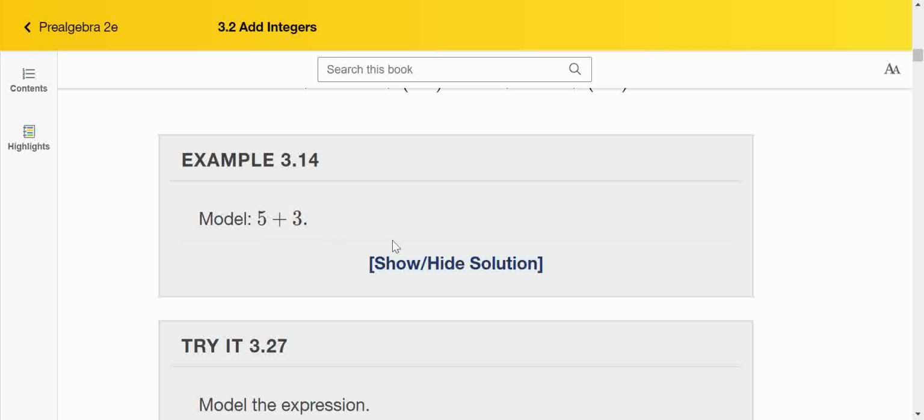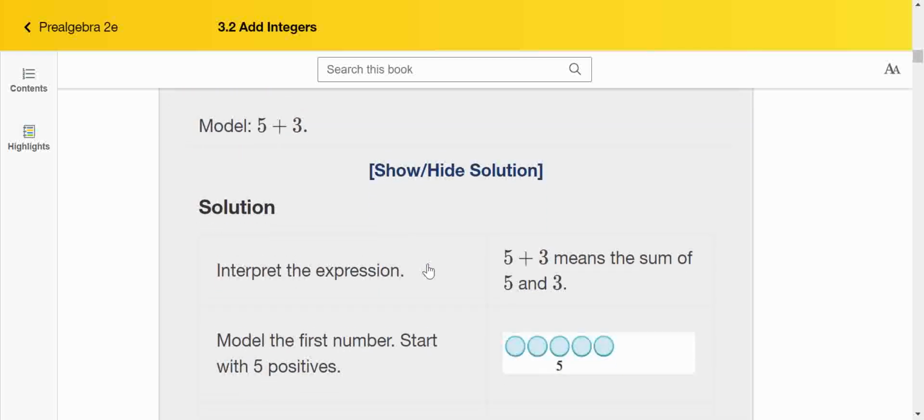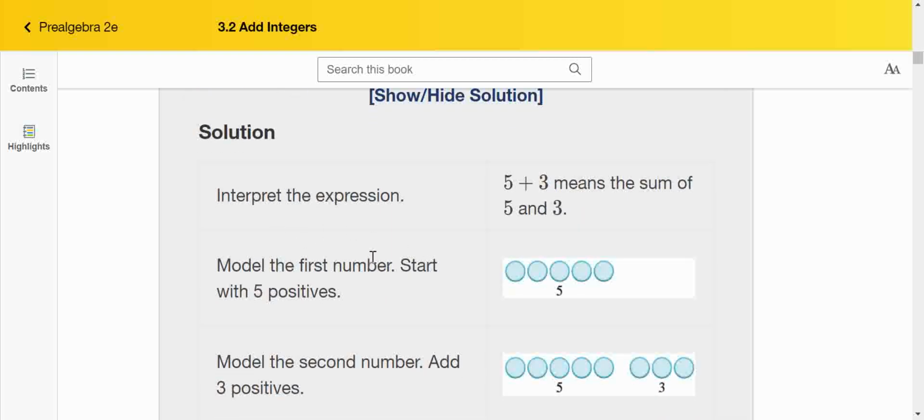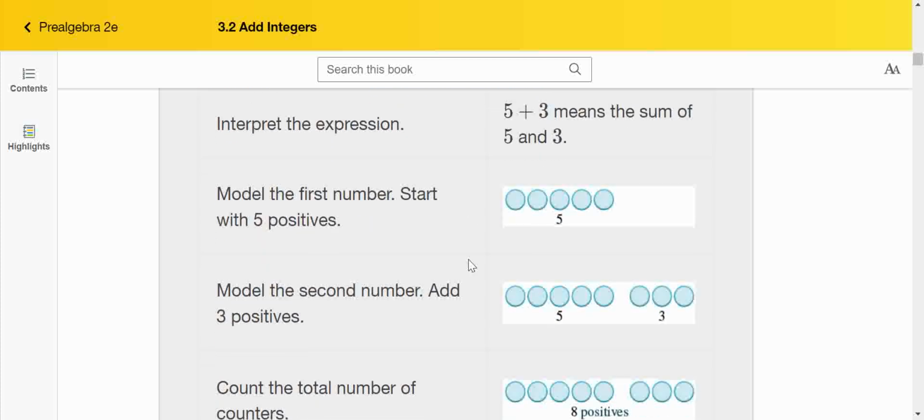So example 3.14, model 5 plus 3. Interpret the expression: 5 plus 3 means the sum of 5 and 3. Model the first number. Start with 5 positives.